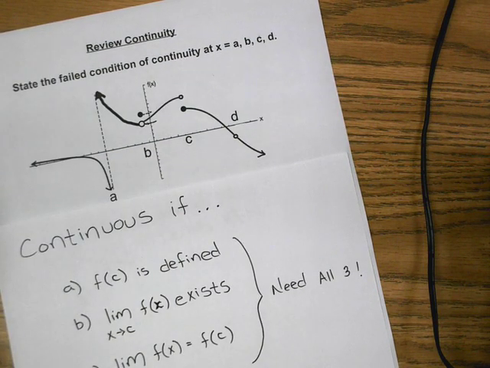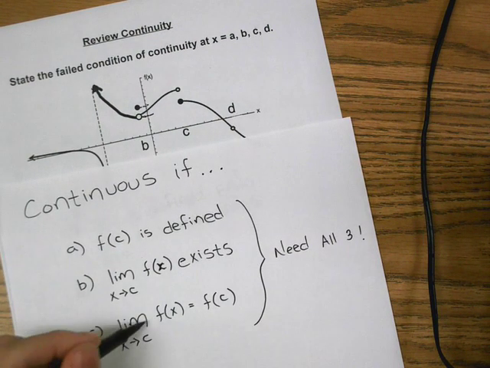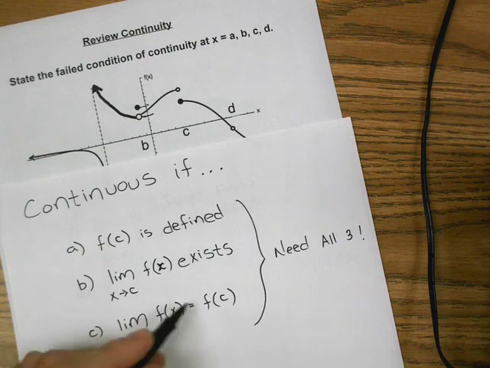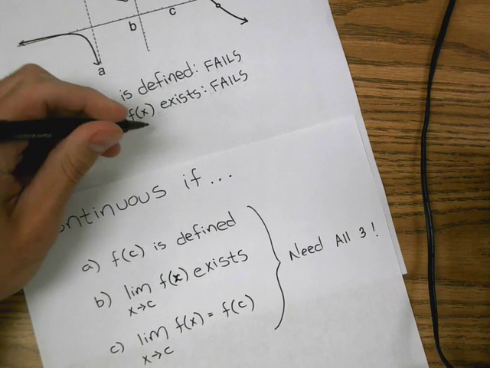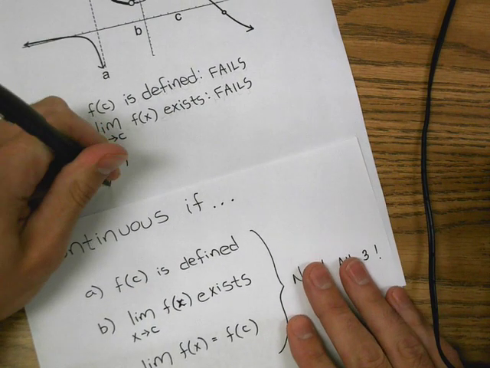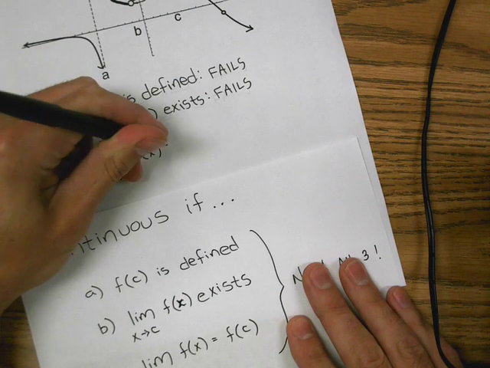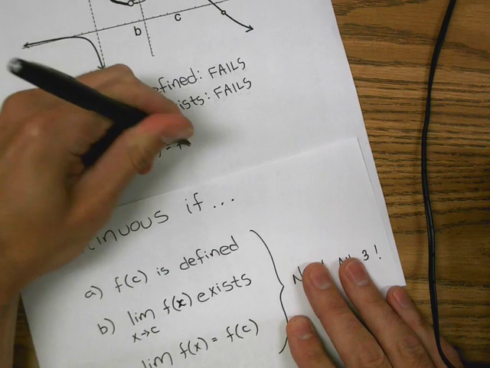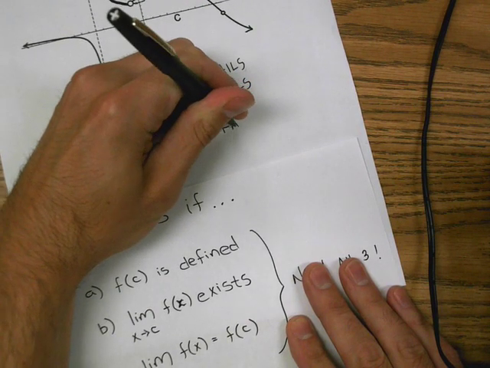Are those the same? They're not. So this is the condition that's going to fail us for part B. The condition that fails: the limit as x approaches c of f of x is not the same as the function value at that point. So I'm just going to write a fails next to it.